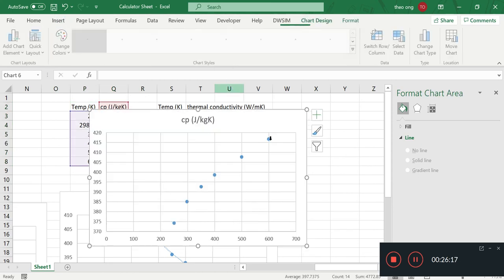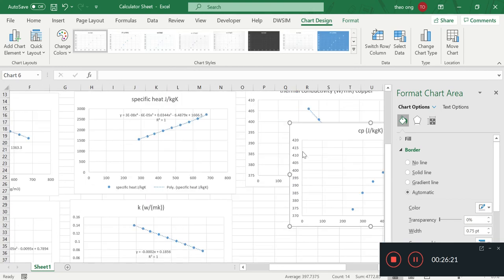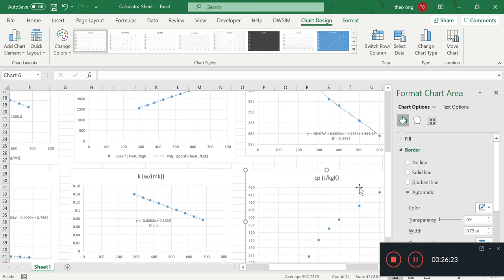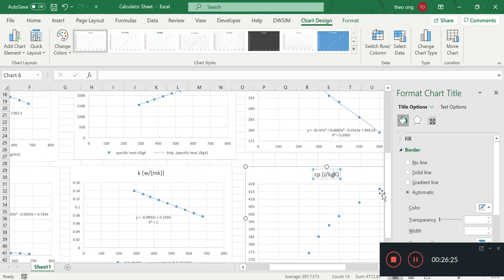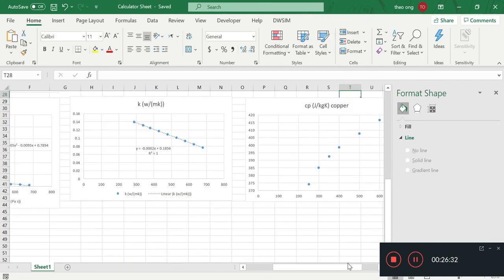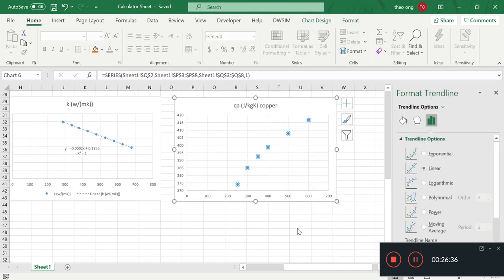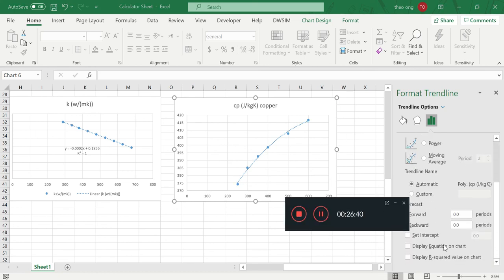So this is the scatter plot for CP, and we can just do one for copper. Okay, again we insert trend line, add trend line, polynomial, and display equation and R square value.